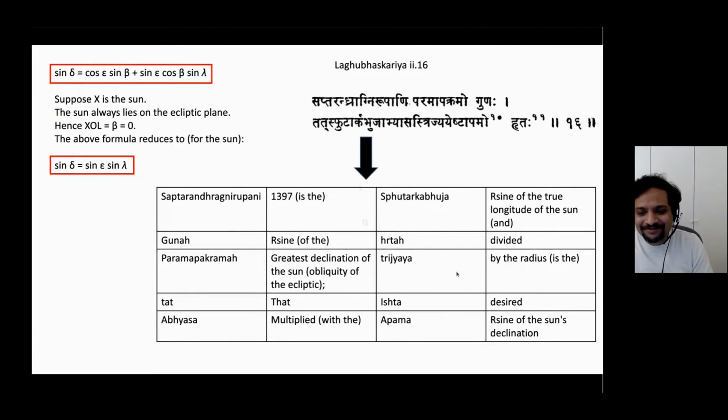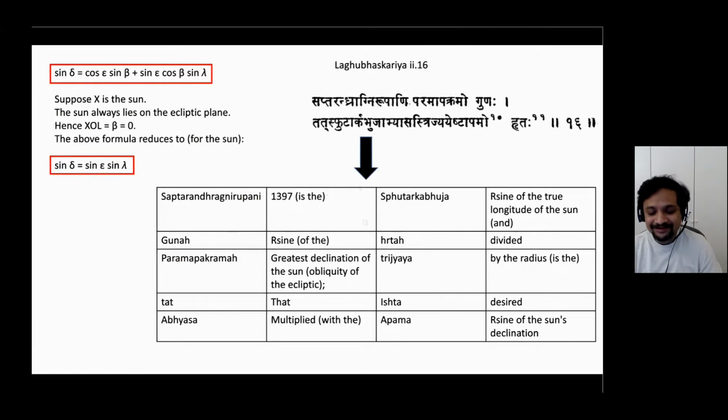It's an interesting point to understand why trigyaya means the radius. Jya is the Sanskrit word for the sine function or the R sine function, and Tri means three.